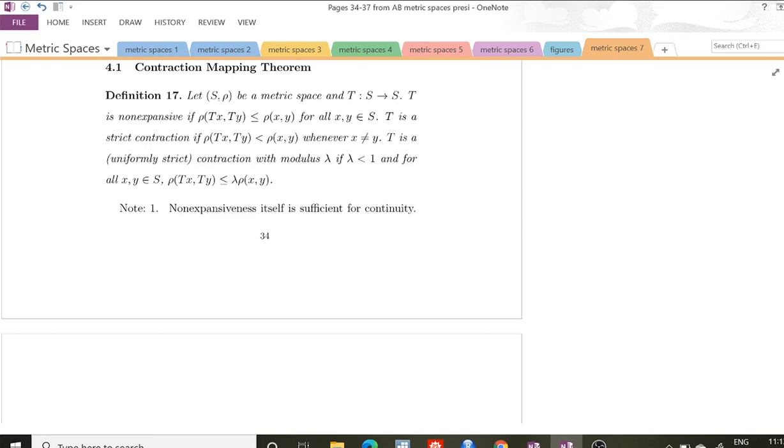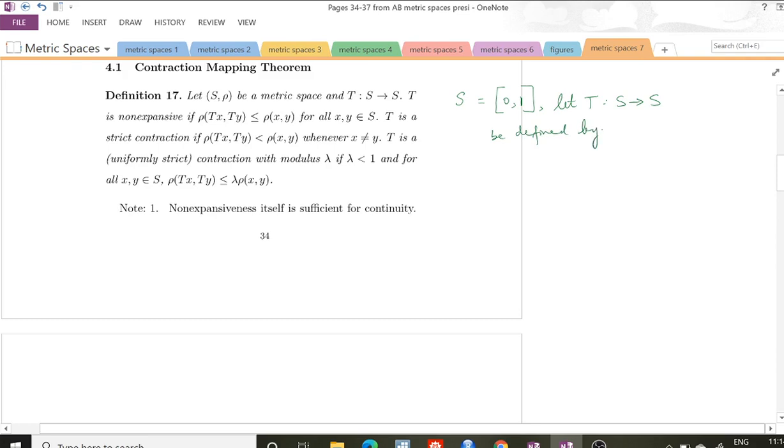So to fix ideas, let's take an example here. So let S be the closed interval from 0 to 1, right? And let T be defined by Tx, or T of x.